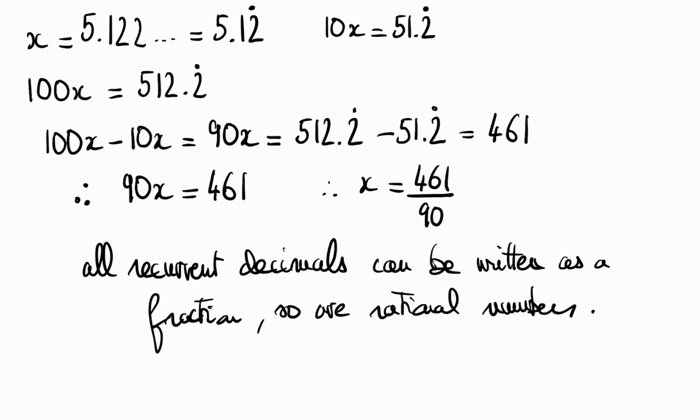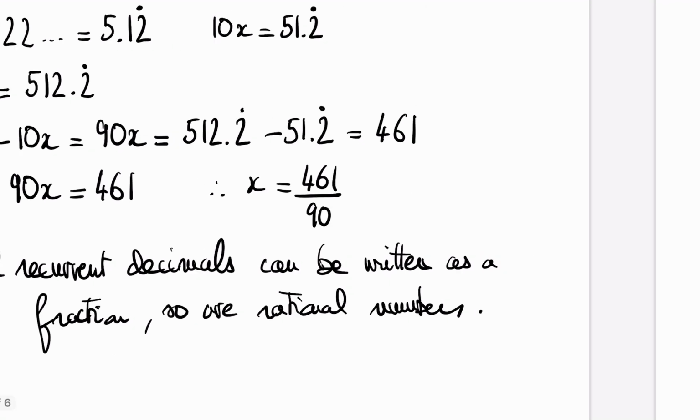It's an important thing. Right, now let's talk about numbers that cannot be written as a fraction. These, for example, are numbers such as root 2. Root 2, if you plug that in the calculator, you get approximately 1.414, and then it keeps going. It never repeats.